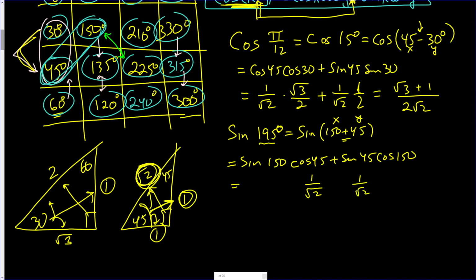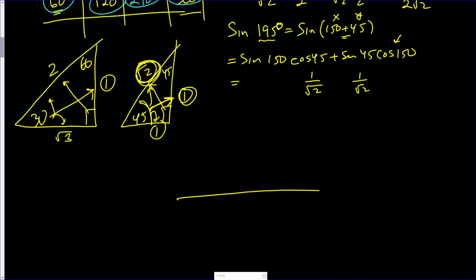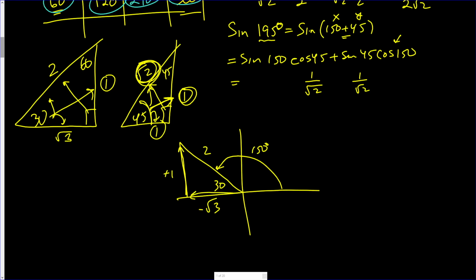What is the sine of 150 and the cosine of 150? Well, 150 is a little bit short of 180. In fact, it is 30 degrees short. Not taking into account immediately plus and minus signs, that's what we get. Since this is going up, it's plus, and this is going to the left, it's negative, and hypotenuse is always positive.